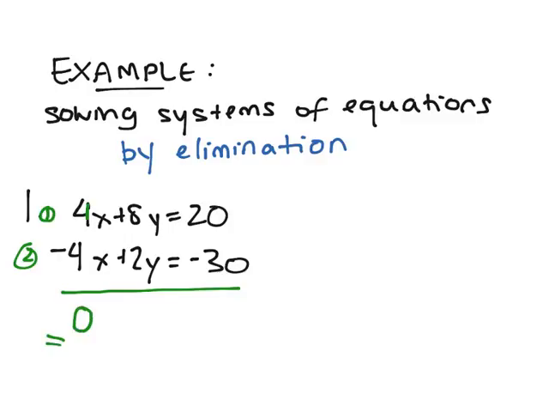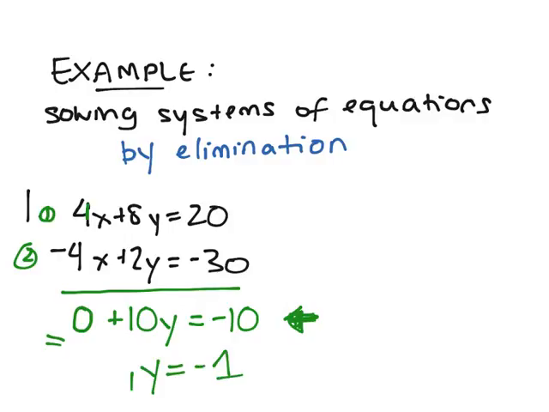X has vanished. X has been eliminated. Now, we have 8y plus 2y, which is 10y, and then 20 minus 30, which is minus 10. So this gives you a new equation in one variable, which you can then solve using algebra for that variable.